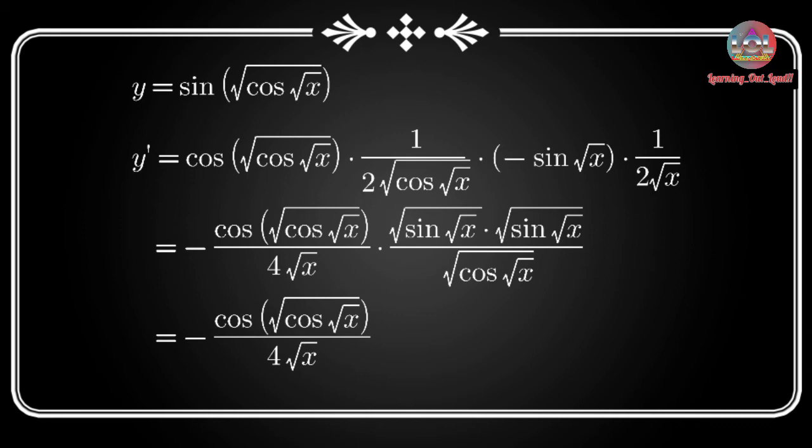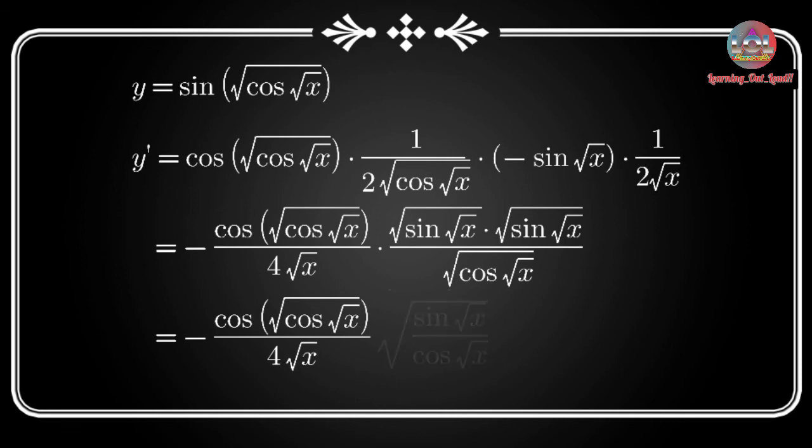Now let's deal with the left out things. So we have taken root sin root x, and in the denominator root cos root x. If I take root common, then it would become whole root of sin root x upon cos root x. Now we know that sin upon cos is tan.